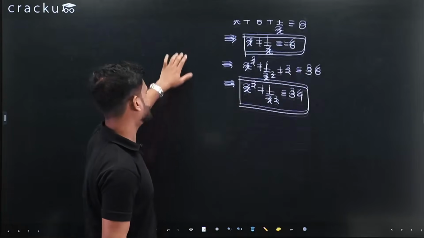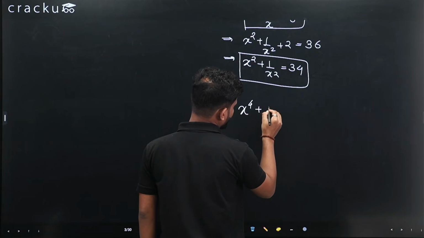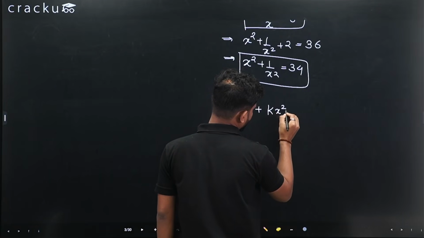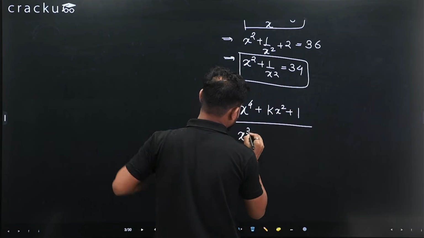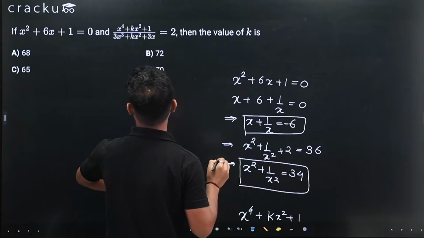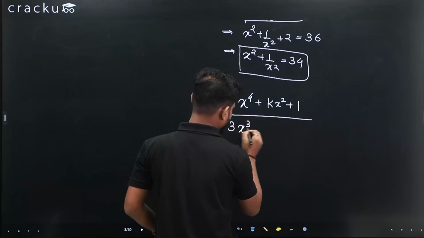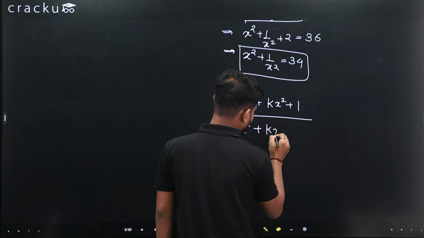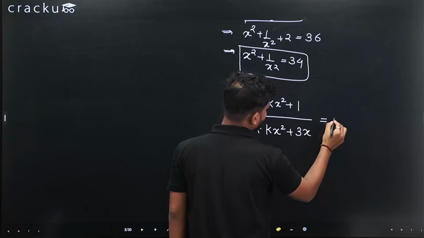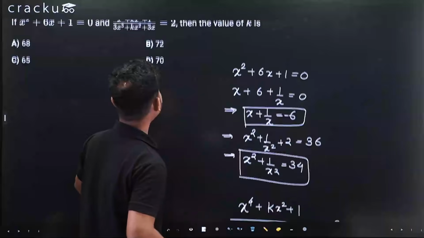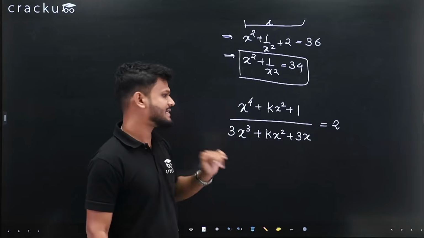Now let us write down the expression which we have been given. So it is x to the 4 plus k x square plus 1 divided by 3x cube plus k x square plus 3x, and this is given equal to 2, right? Now what you can do is divide numerator and denominator by x square.